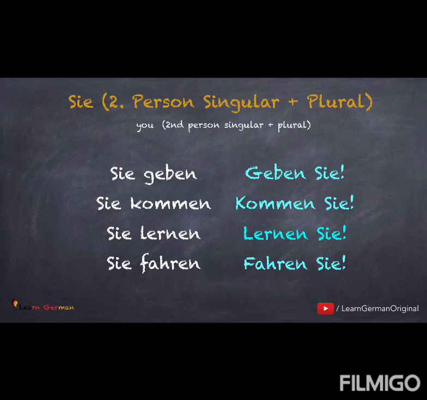Sie kommen changes to kommen Sie. Sie lernen changes to lernen Sie. Sie fahren changes to fahren Sie. All you have to do is interchange the places of Sie and the verb. Don't forget to change the intonation while you're using sentences in imperativ.